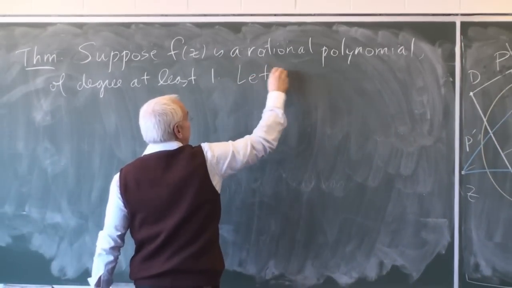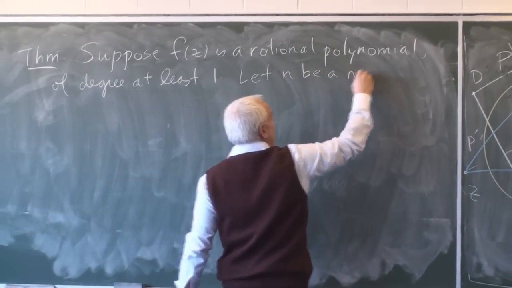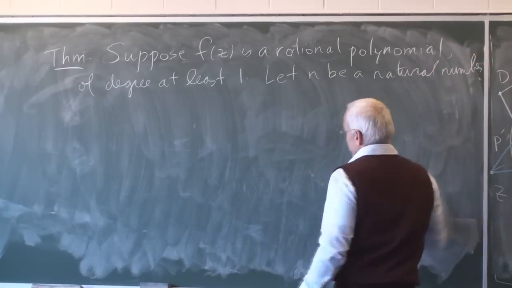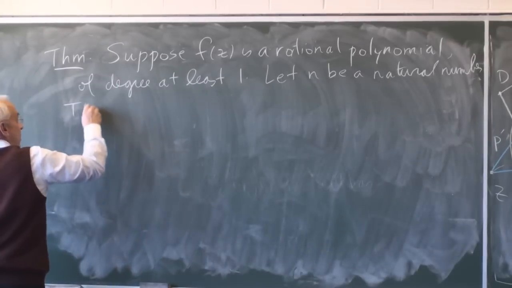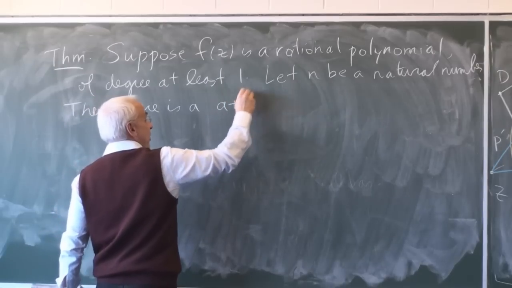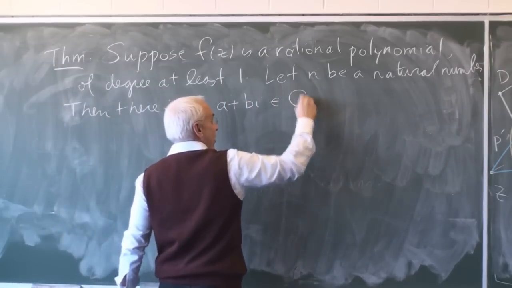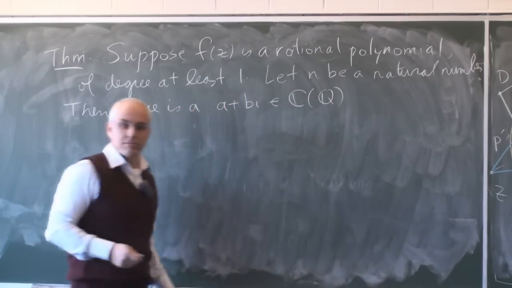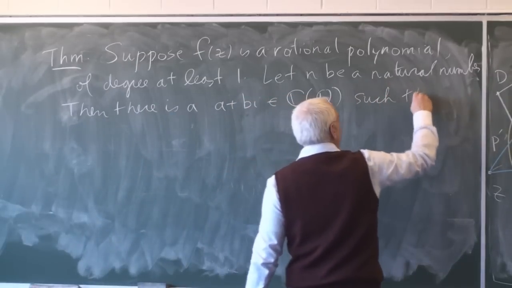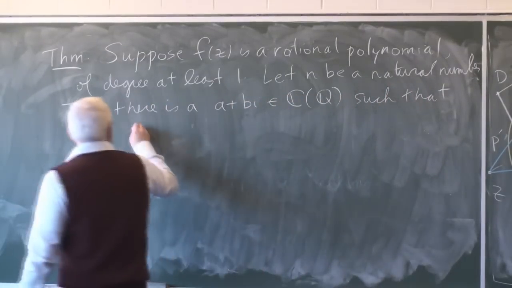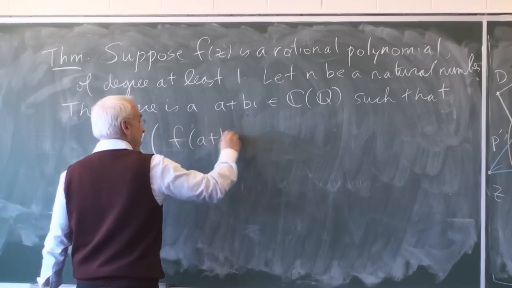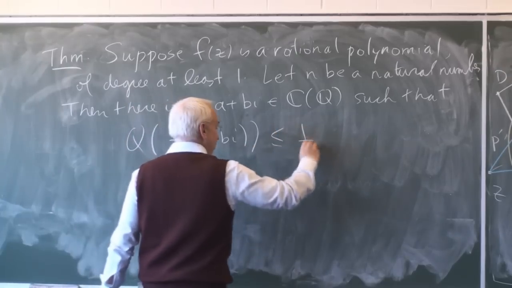Let n be a natural number. Then there is a number a plus bi belonging to our complex rational numbers such that the quadrance of f of a plus bi is less than or equal to 1 over n.